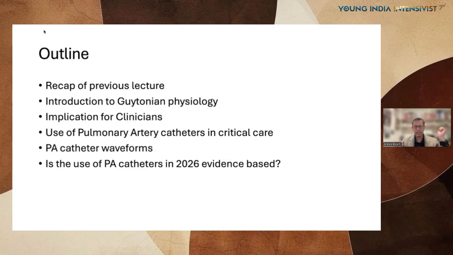I want to emphasize that it is not the last word in thinking about hemodynamics. There are many, many conceptual tools that you can use, and I use, to think about hemodynamics. But Guyton's framework is a particularly nice one.